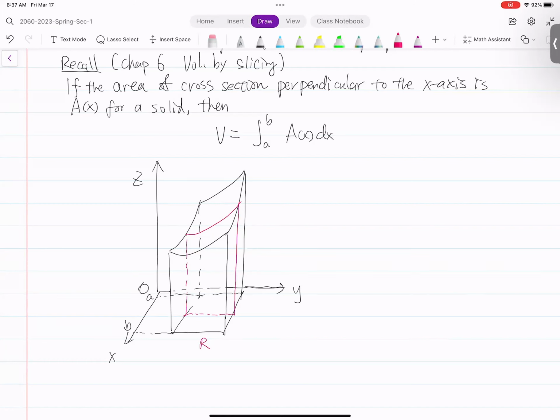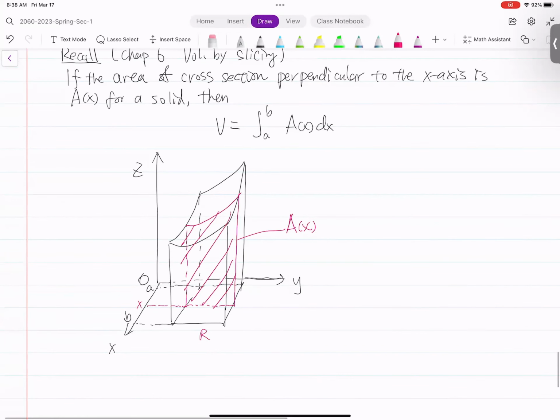For whatever x value that you have, you will get a region like this. As long as you are able to describe the area of this, that will be A of x. For whatever x value, if you can describe this A of x, then you can just accumulate these A of x. That will give you the volume.